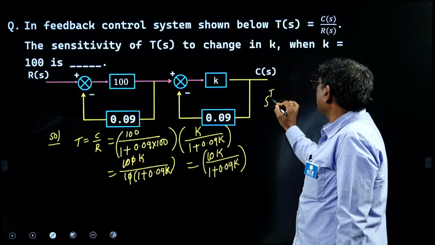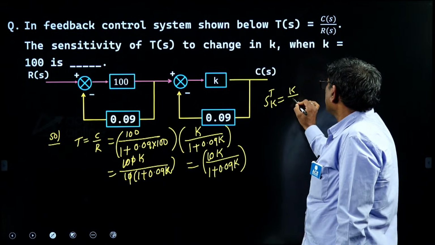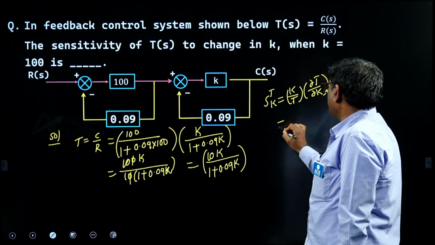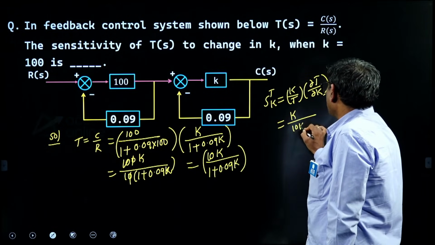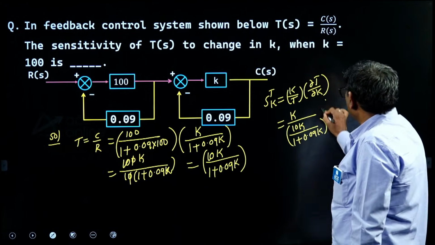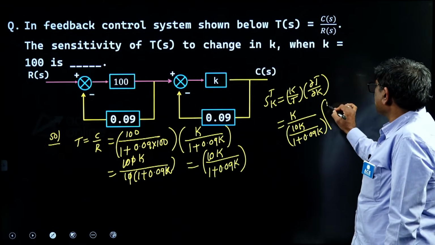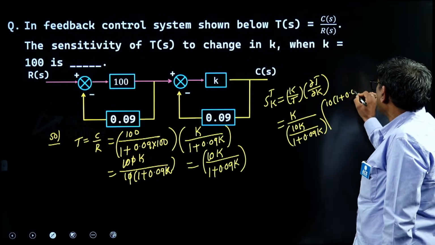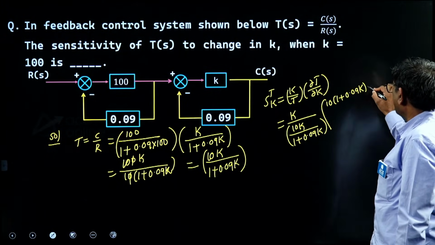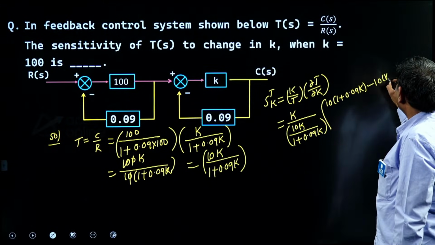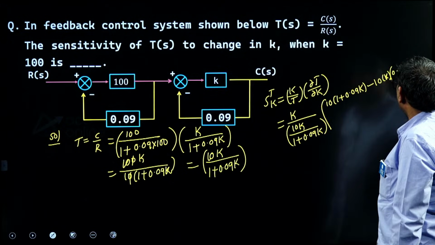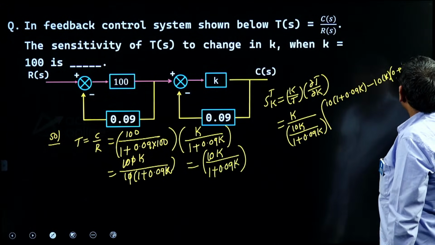So S_K^T equals K by T into dou T by dou K. You can do it, it is easy. K by T, 10K divided by 1 plus 0.09 K, into dou T by dou K. Here, 10 into 1 plus 0.09 K, minus 10K into 1 becomes 10K into 0.09.